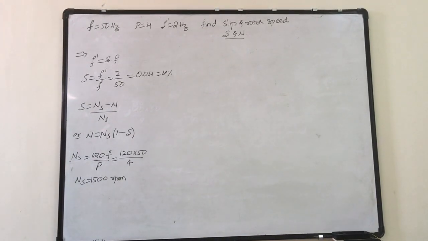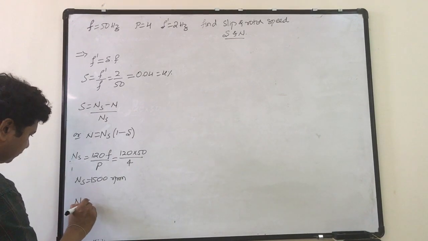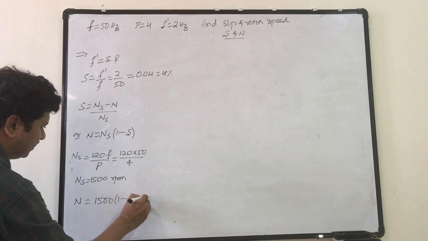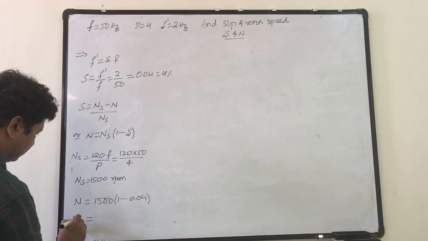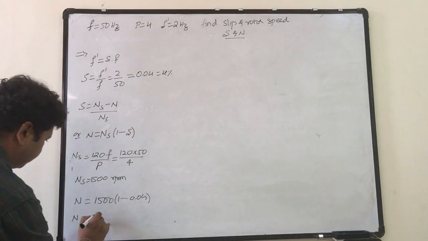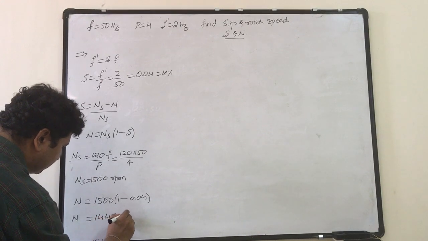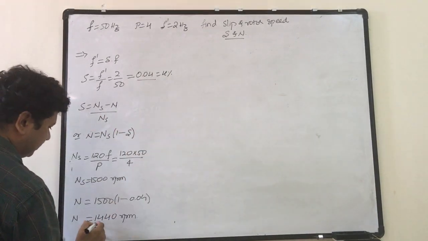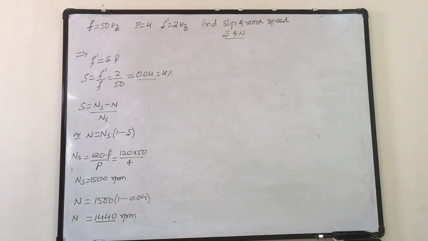Therefore N is equal to 1500 into 1 minus 0.04, so N is equal to 1440 RPM. So I found out the slip, 4%, and the speed, 1440 RPM. This is the solution for the given numerical.